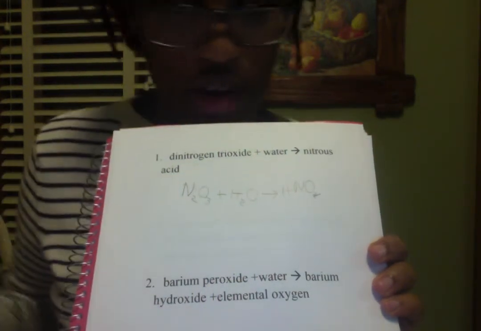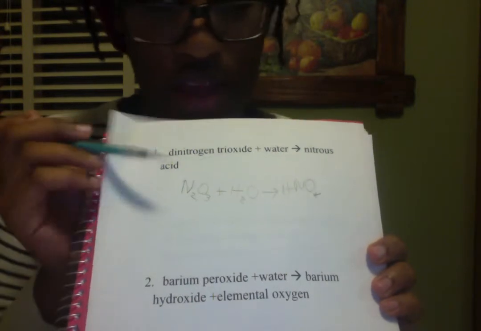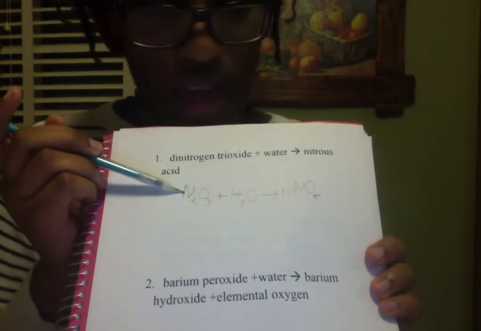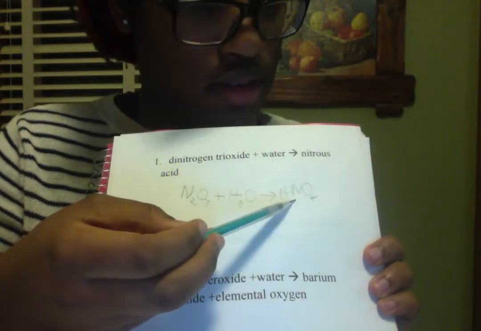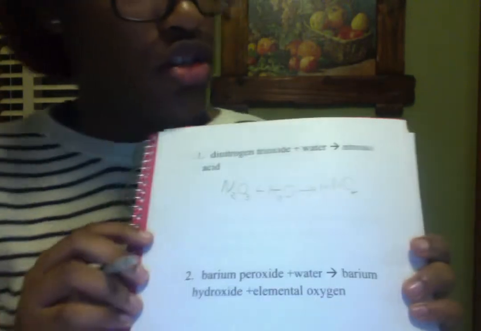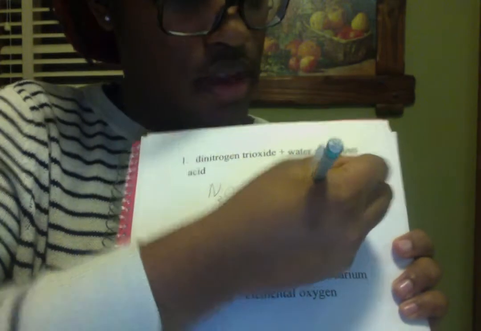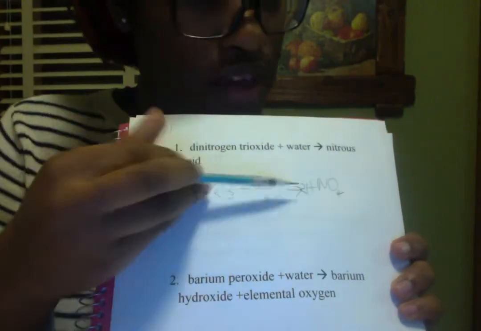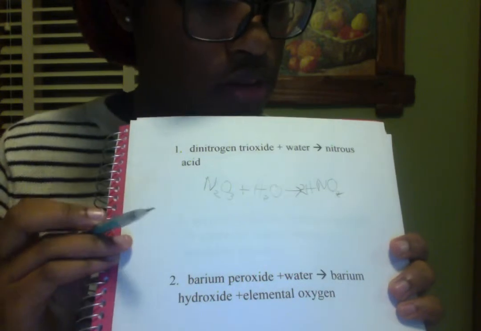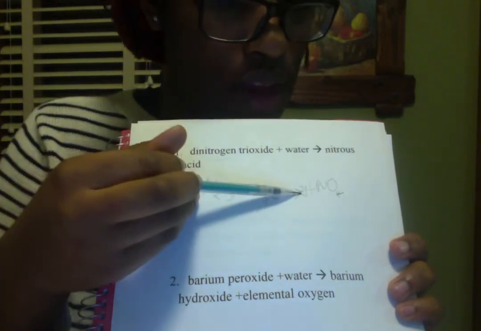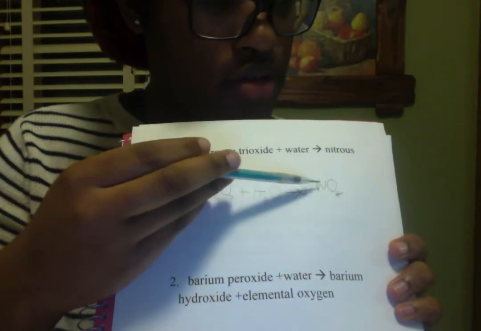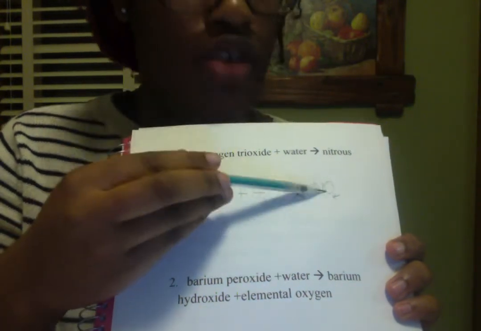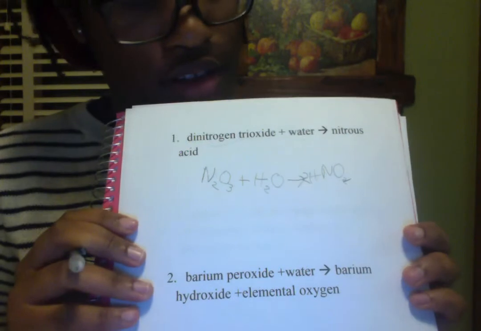You look here and you see that there are 2 nitrogen in the reactants, but there's only 1 in the products. So what you're going to do is put a 2 here, because the 2 multiplies throughout the whole compound, and so now there are 2 hydrogens, 2 nitrogens, and 4 oxygens in the products.